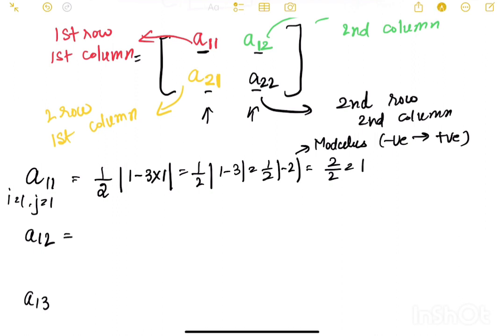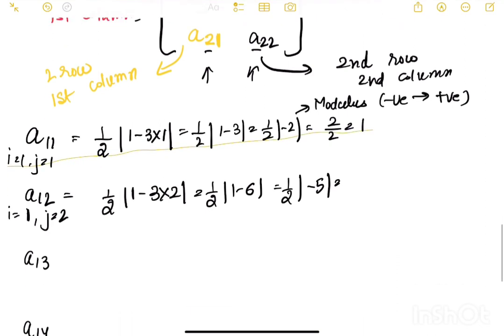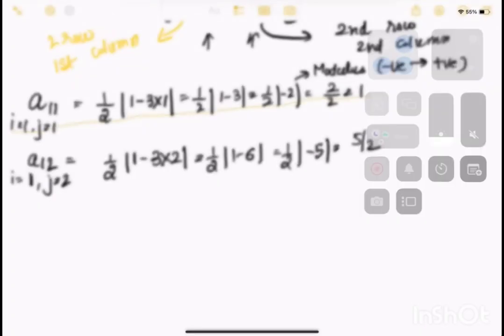Okay. So now similarly, focus here that for A12, i is equal to 1 and j is equal to 2. So what will it be? i minus 3 times j, right? 1 minus 6 is minus 5. Now when it comes out of the modulus, it will become 5 by 2.